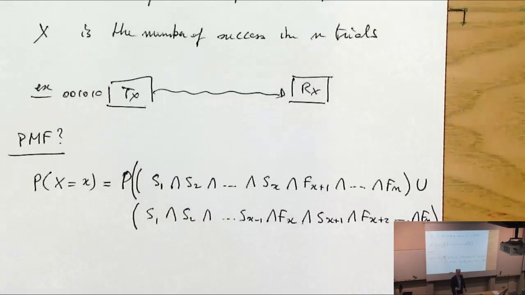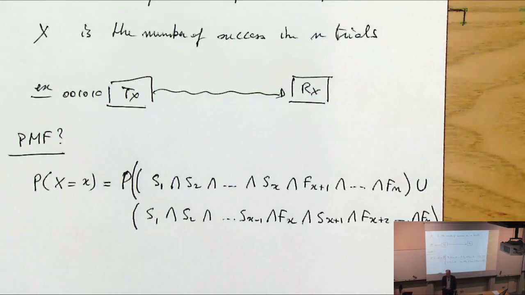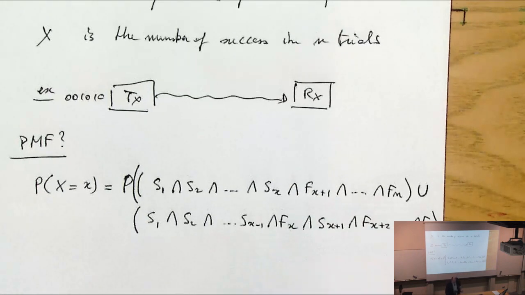That's another event. The first event and the second one are two different events. You can see they're disjoint. If the first one occurs, then the second one will not occur. There is no intersection between those two. It's either this one or this one. But you can have many others.